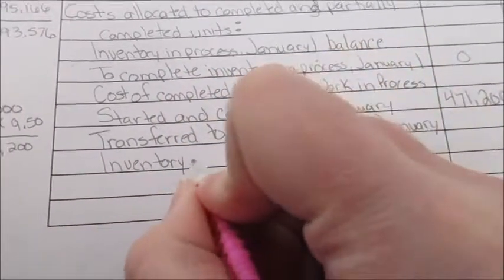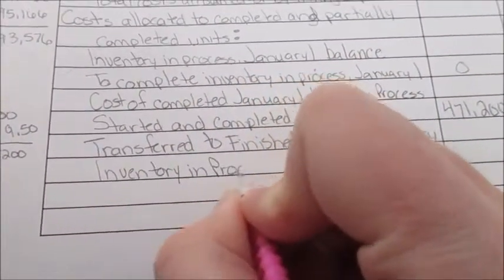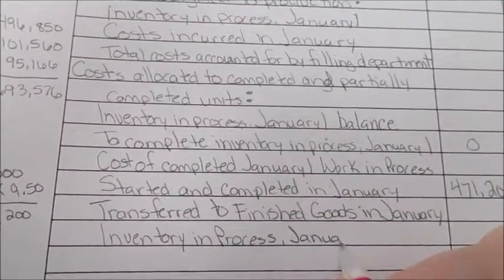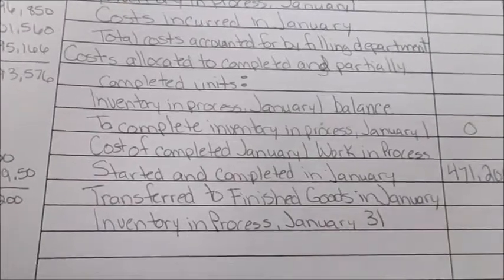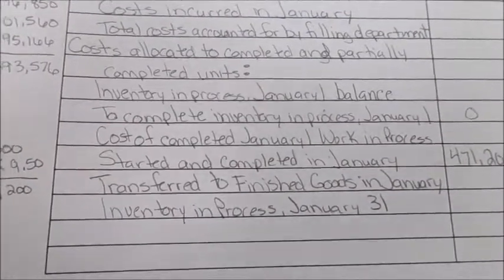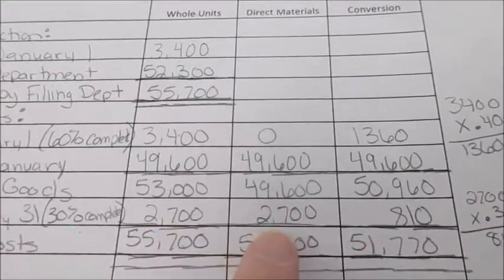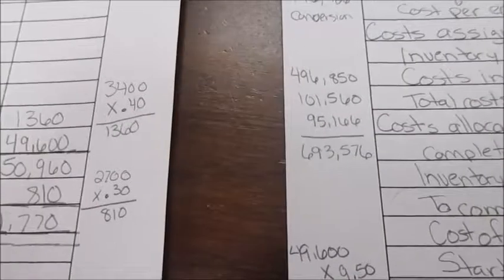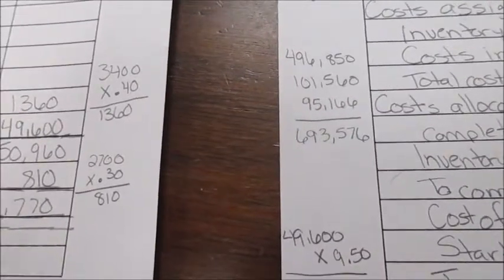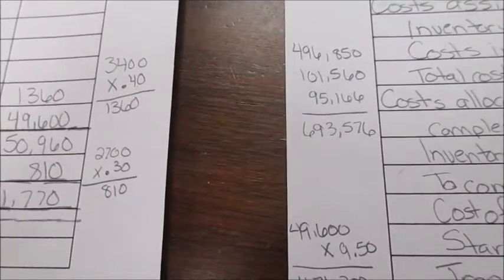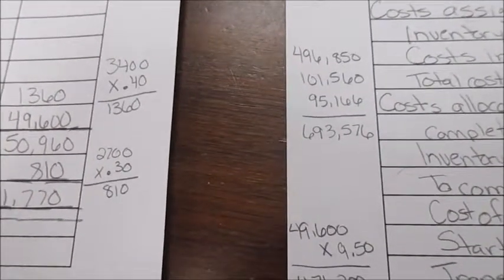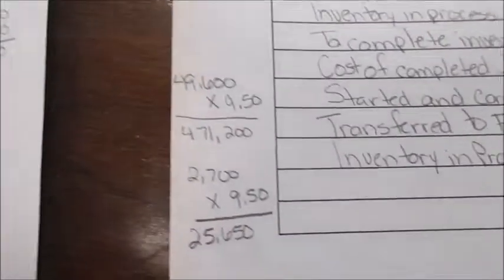So our inventory in process for January 31st. We're going to look back over here, and it says inventory in process for materials was 2,700. So I'm going to take that 2,700 and multiply it by the 9.50, because we're just looking at materials right now, and I get 25,650.